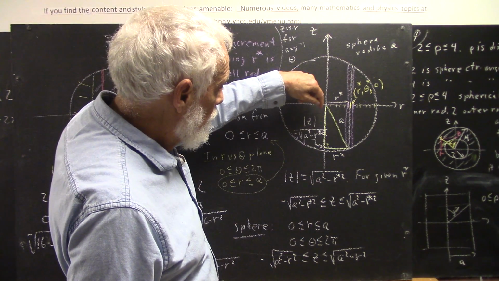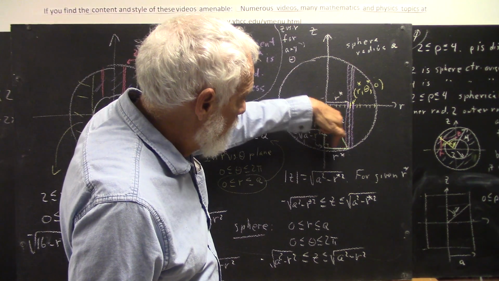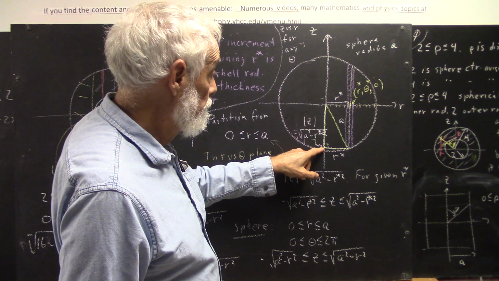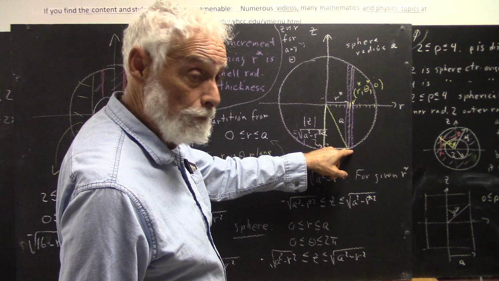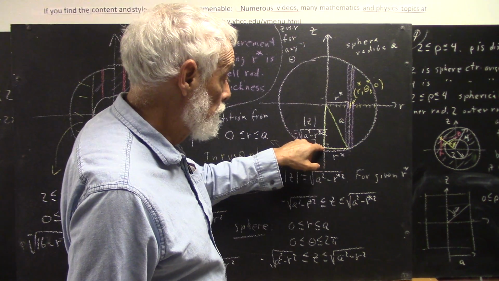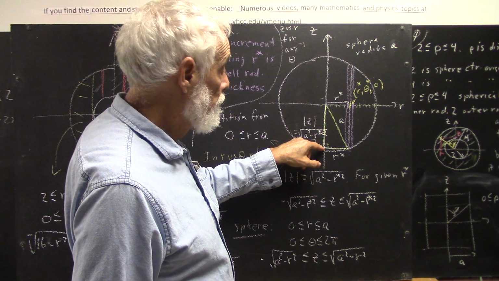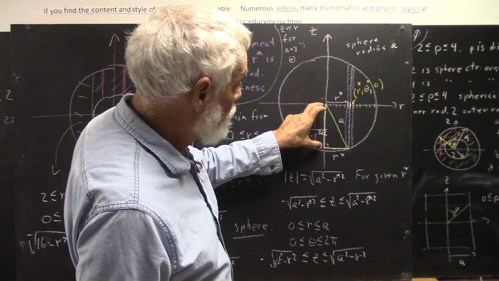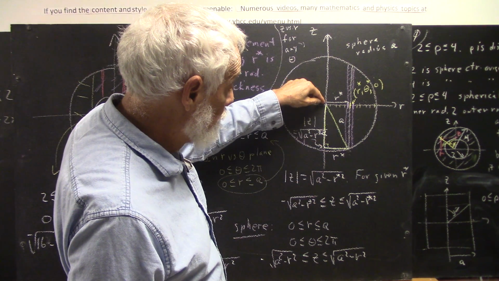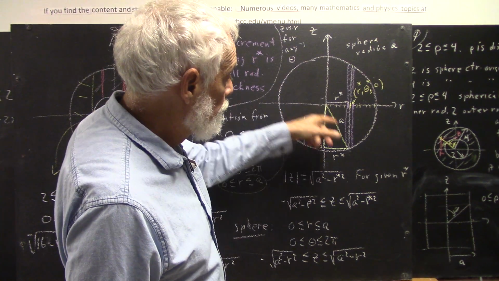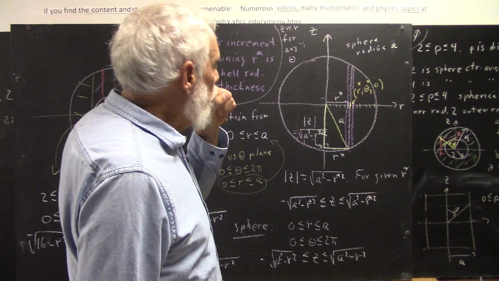This point will give us the z-coordinate of our point. The point projects straight over. This is a right angle. Here's our z-coordinate. And this side of the triangle goes from z equals 0 to whatever our z-coordinate is here. This is a right triangle.